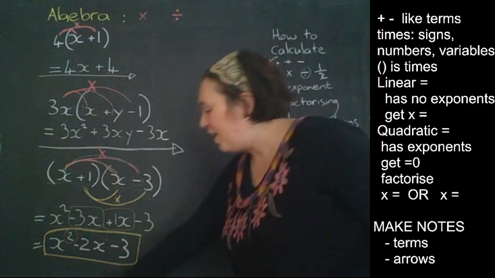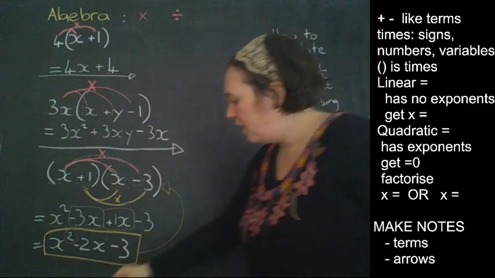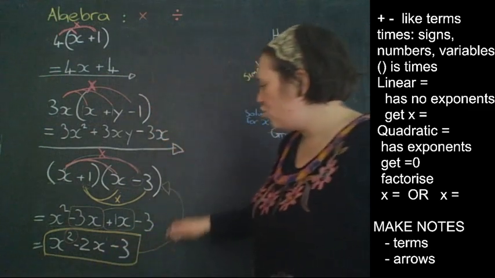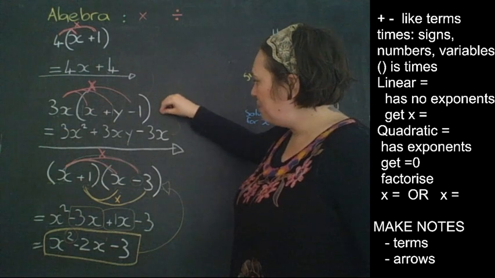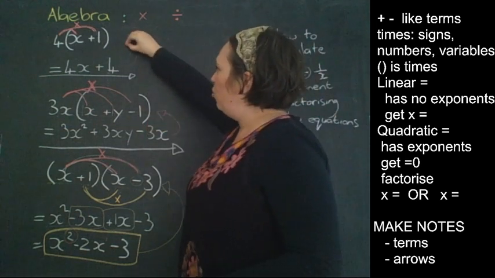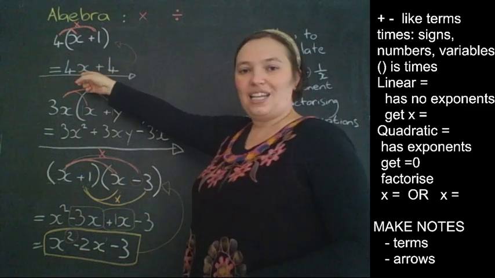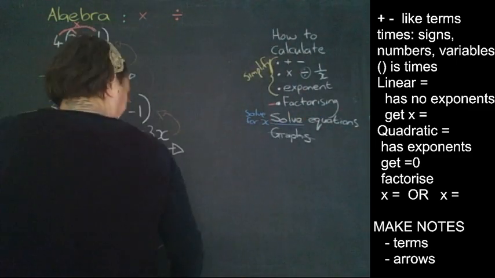So if you factorize this one, you'll get right back there. And this would be a trinomial. If you factorize this one, you'll get right back there, and it would be a common factor. And this one would also be a common factor. That didn't make sense. We'll get to it later.